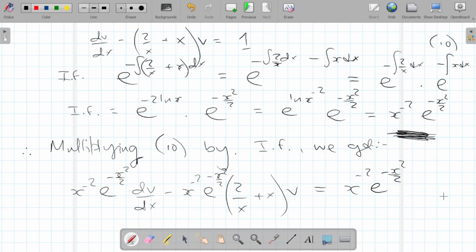Right, okay, so we'll call that equation 11. Whoops. Right off the edge of the board there, 11.